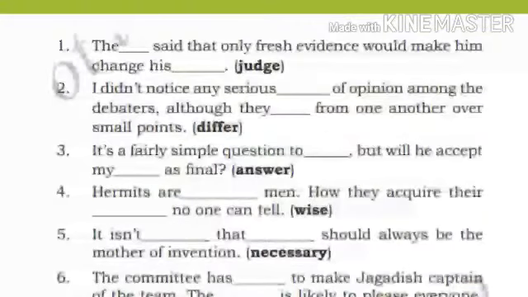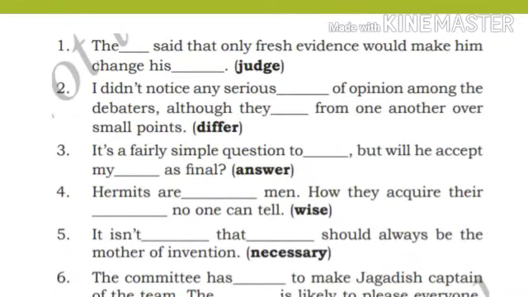Then, the dash said that only fresh evidence would make him change his dash. Here the word is judge. So the judge said that only fresh evidence would make him change his judgment. Here the first form is a noun, and the second one also is a noun.